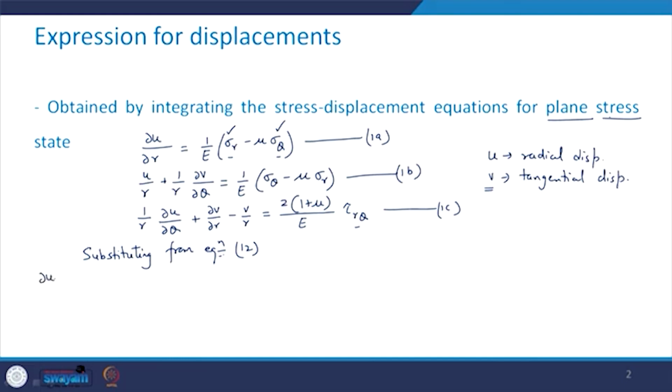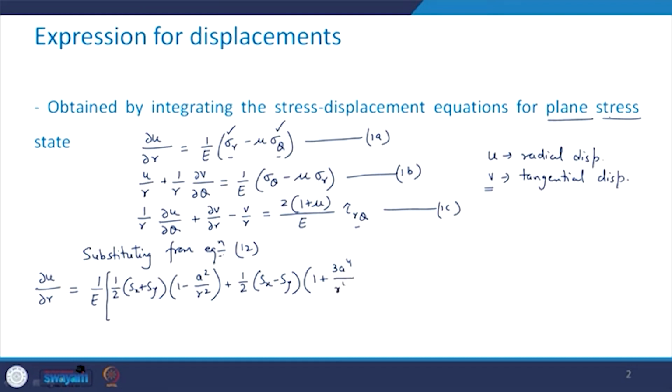This is going to be del u del r equal to 1 upon E, and please substitute the expression for sigma r, which was half of Sx plus Sy into 1 minus a square upon r square, plus half Sx minus Sy into 1 plus 3a to the power 4 upon r to the power 4 minus 4a square upon r square, cos of 2 theta. This will be the first term of this equation.